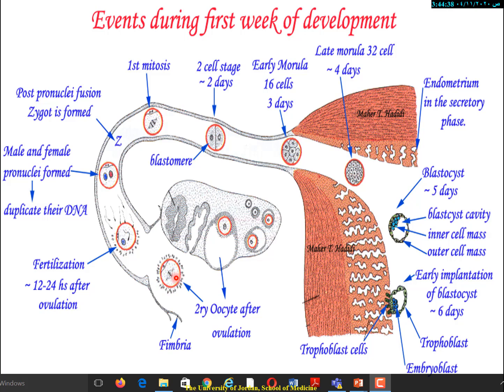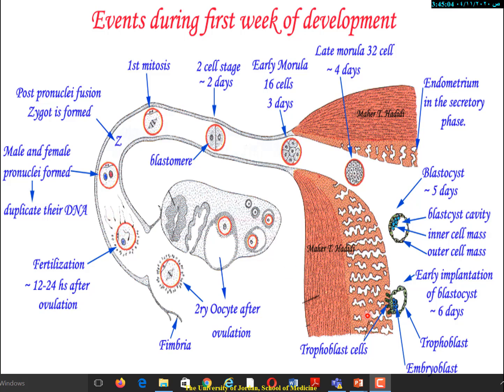So ovulation, then the ovulated secondary oocyte would be caught by the fimbria, and then it moves through the fallopian tube, as we mentioned, and in its most dilated part, which is the ampullary part, it would be fertilized.